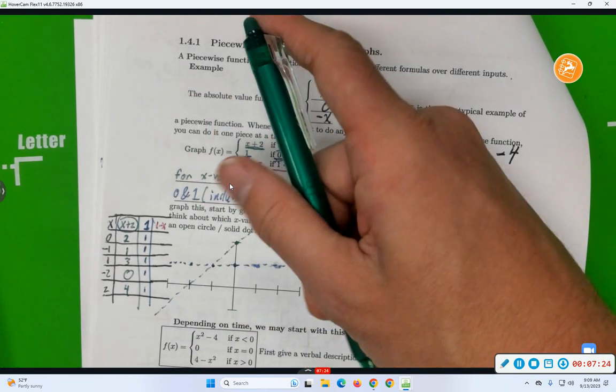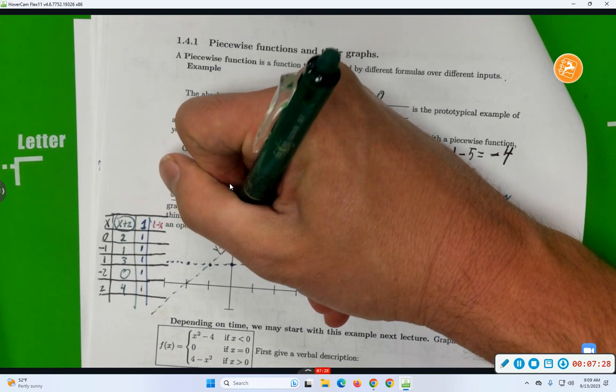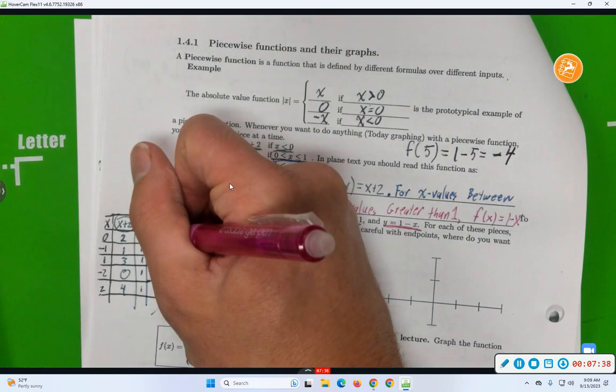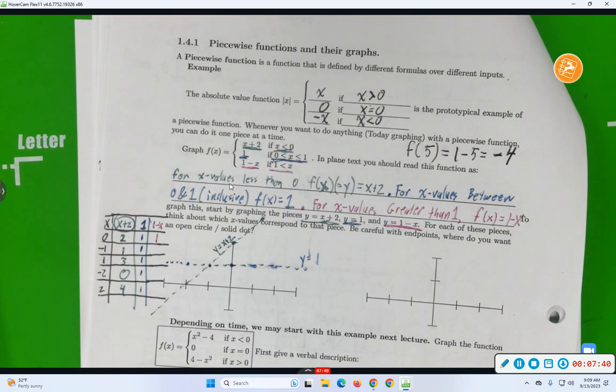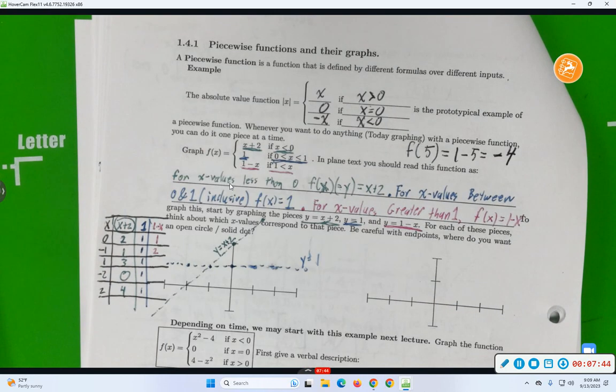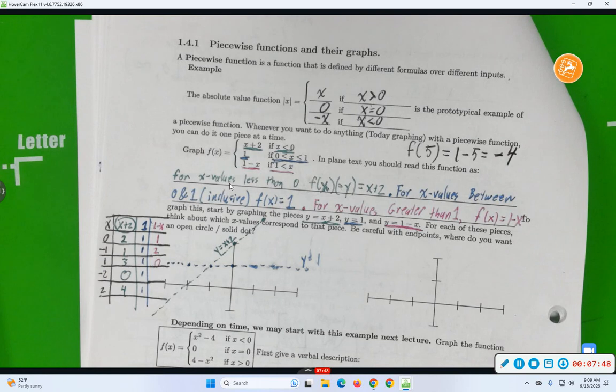The green function is y equals x plus 2. And that last function, 1 minus x. Let's play the same game. Plug in x equals 0. What do you get? Plug in x equals -1. What do you get? 2. Plug in x equals 1. And maybe that's even enough.